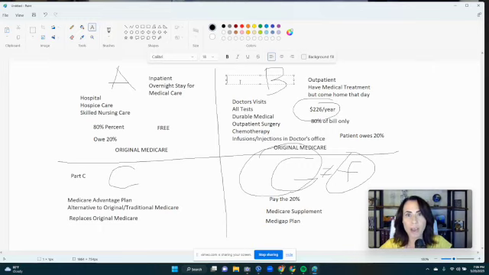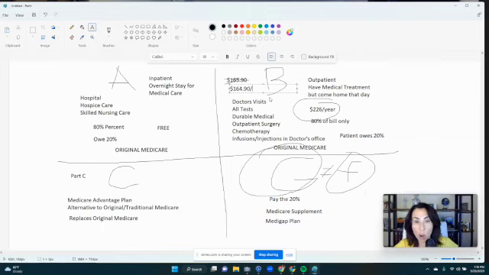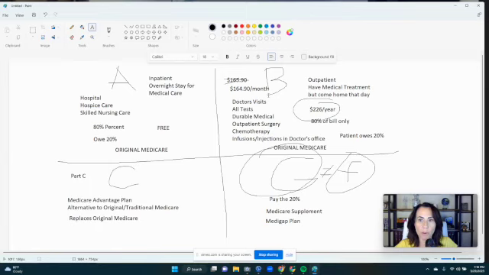And if you happen to have a higher threshold of income, which I cover in other videos, then you may pay more. But most Americans pay this year in 2023 $164.90 per month. Your Part B premium equals $164.90 per month.